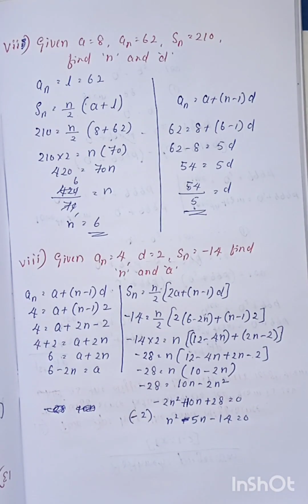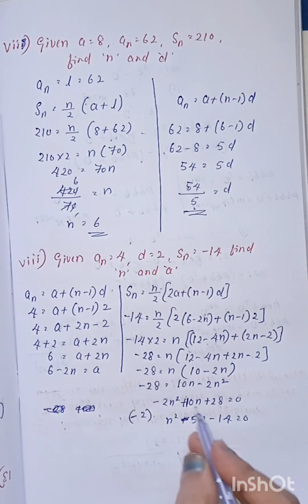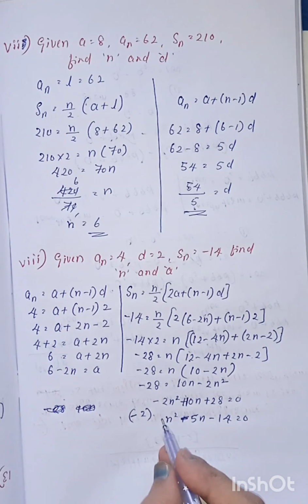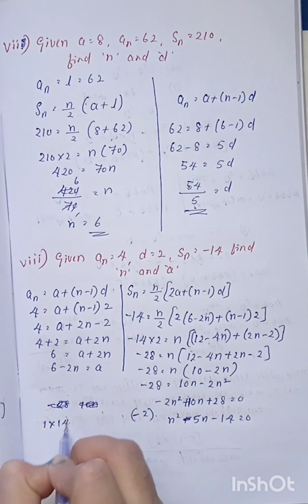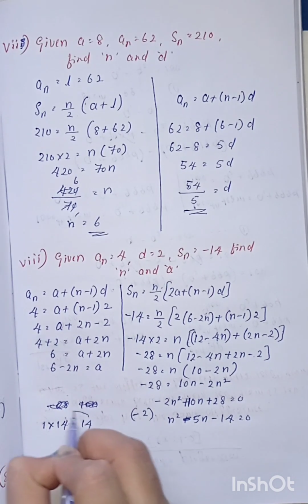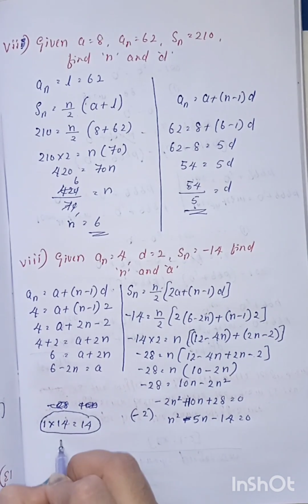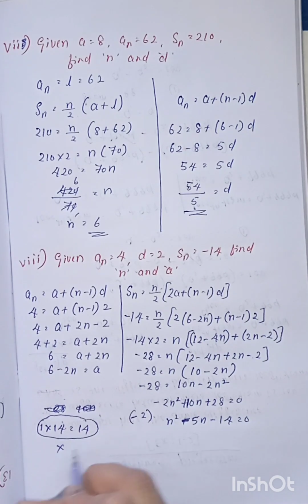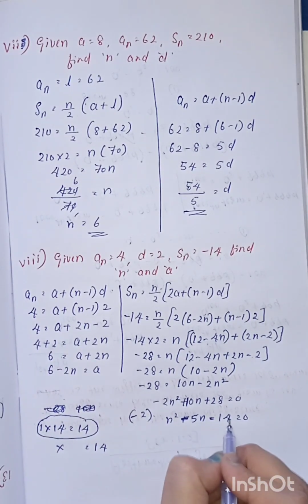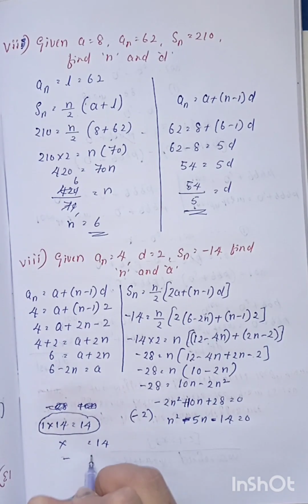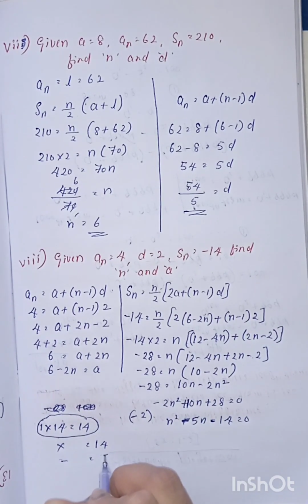Now as in the previous problem, we have to take factorization for this first one and last number. 1 into 14, you will get 14. Just circle this number. Now take 14 and put the sign before the last number, that is minus. You have to get 5.